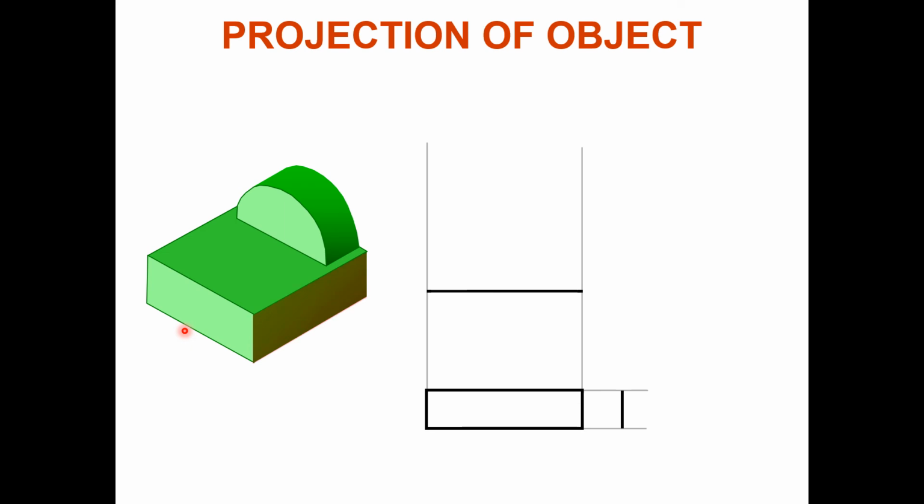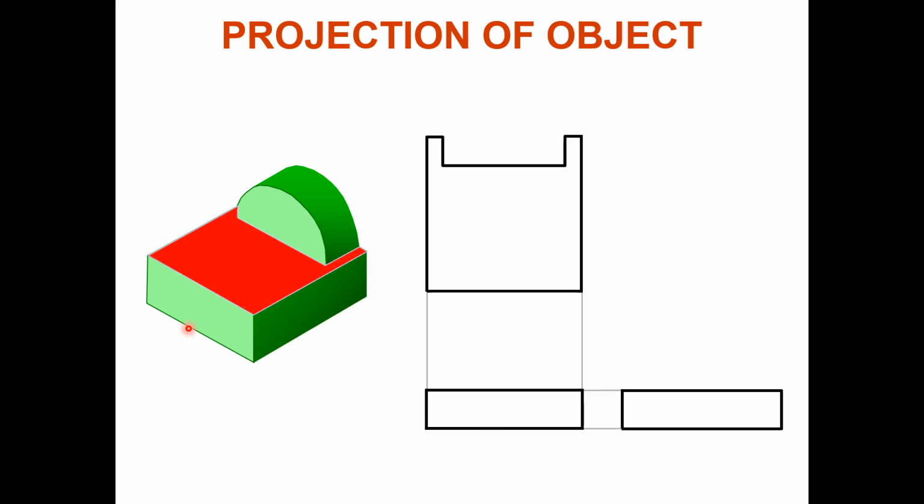Now there is some modification, there are some cuts on the left and right. When you will see front, you can imagine here, top view, and you will see from the top here this red, this one.